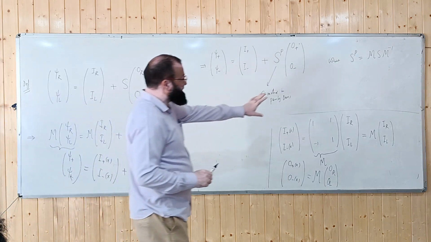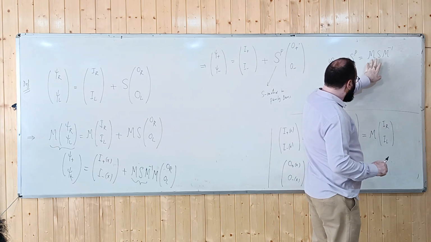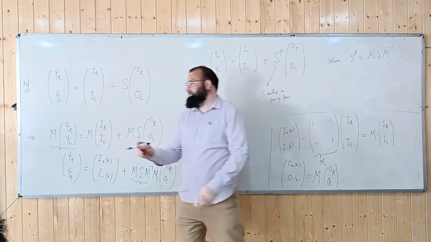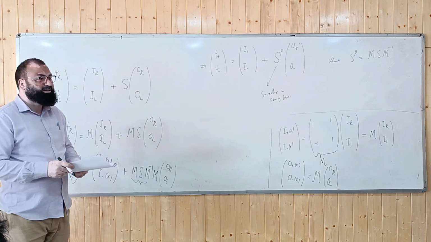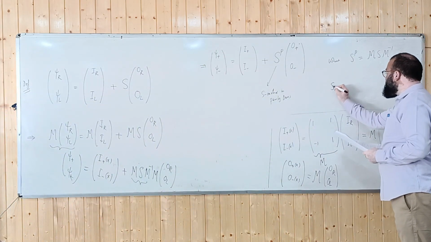So now what is this S_P? You have to calculate M and M inverse and multiply it with S. What is our S? Anybody remembers? Okay, so I will write this S_P.